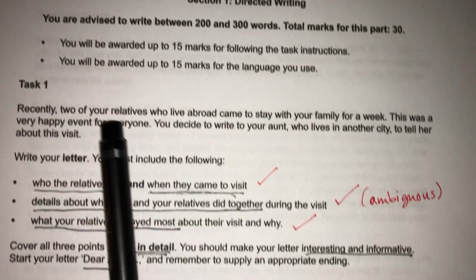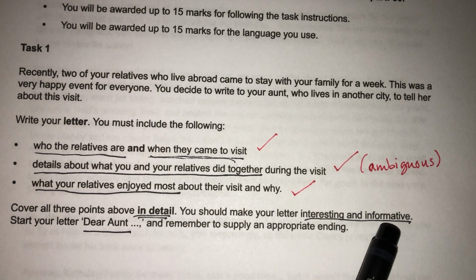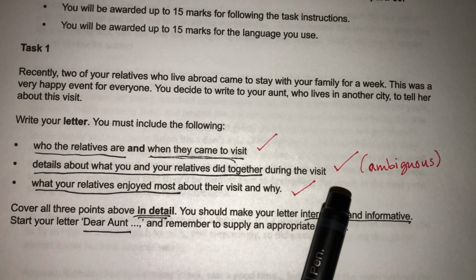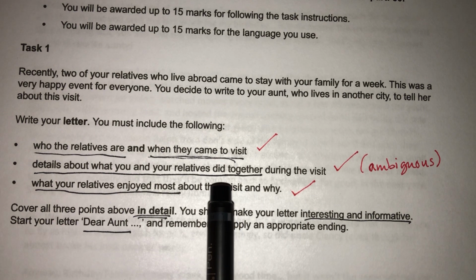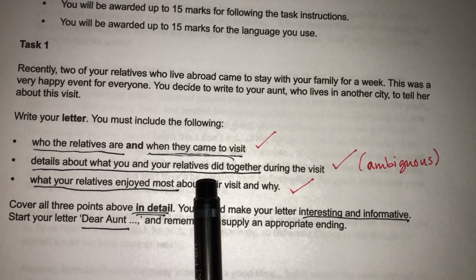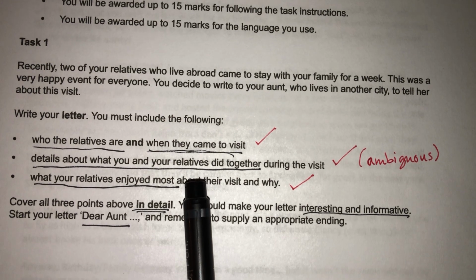And whatever you choose, you have to make sure, remember, interesting and informative. Okay, so for me, I thought I like cabins and I like sports and I like relaxed family time. So okay, we went to a chalet for a week.